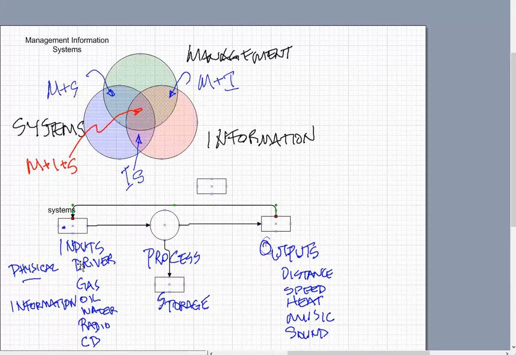And so what we want to do in this type of model is take the systems and model those things that are informational about the systems, so that we have an information system that is not the physical system, but the informational system for our particular process. Okay, at this point I would ask for questions, but this is the systems part of management information systems.